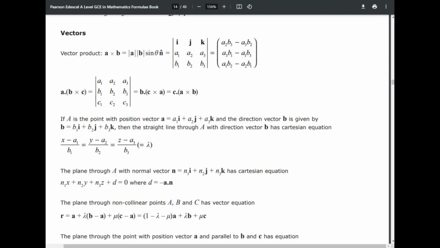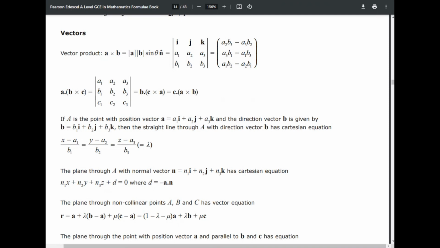So there's a couple of ways of doing it. The way that I prefer is to use this formula at the end here, this A2B3 minus A3B2, whatever. It comes from doing the determinant of a 3x3 matrix with i, j, and k along the top row and your two vectors along the other two rows, which you can do if you want.